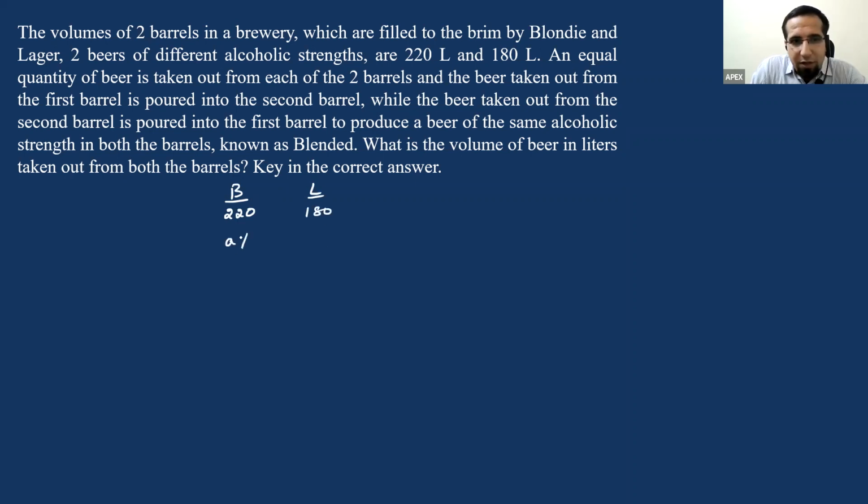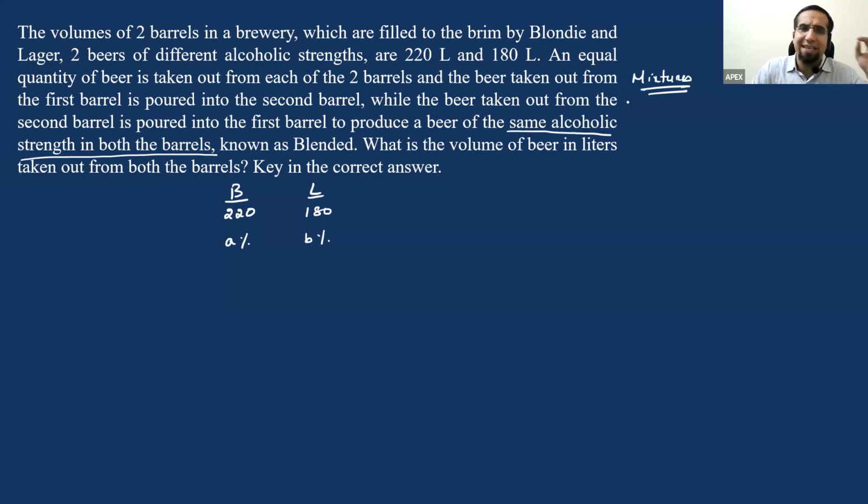Let's say the alcohol strength here is A percentage, the alcohol strength here is B percentage. An equal amount of beer is taken out from each of these two barrels, and the beer taken out from the first barrel is poured into the second, while the beer taken out from the second barrel is poured into the first to produce a beer of the same alcoholic strength. That means this question is coming up from the area of mixtures and alligations.